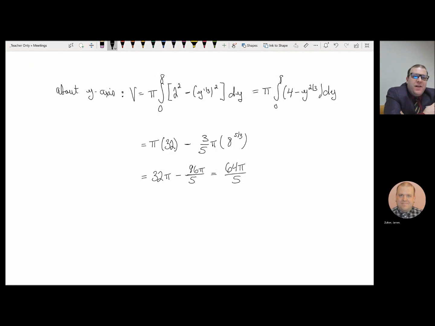There actually is another way to find that volume, since we're rotating about the y-axis. But we haven't learned that yet. Which is the Shell method, specifically, the method of cylindrical shells.